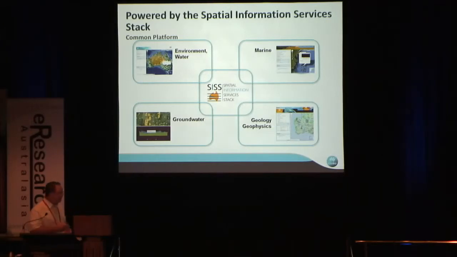So much so that the technology stack that's been used at the bottom of it, which is called the Spatial Information Services Stack, we gave it another name, not AusScope, because it began to be used in other domains, including environment and water, marine, groundwater work, and, of course, the work with geology and geophysics.